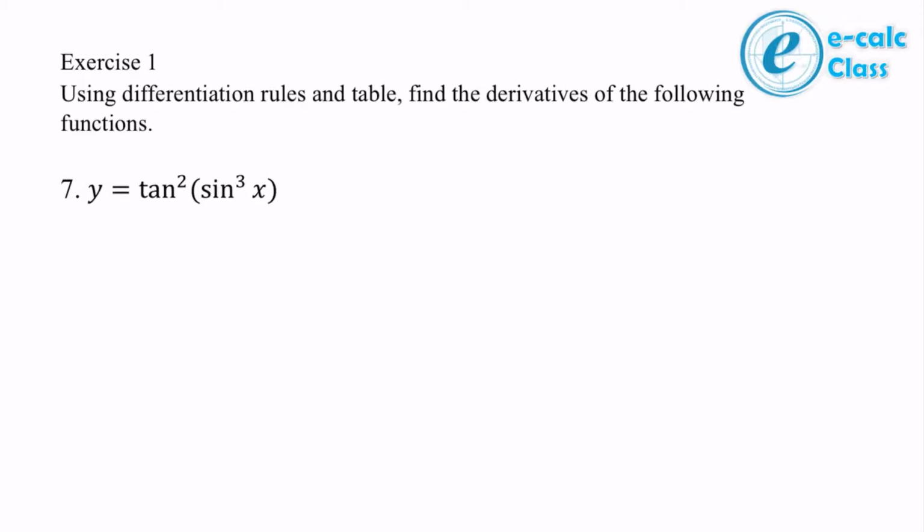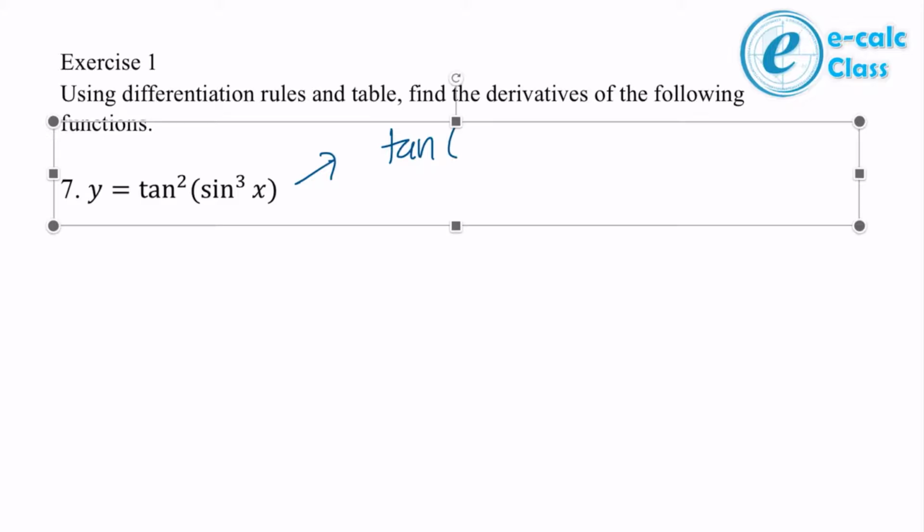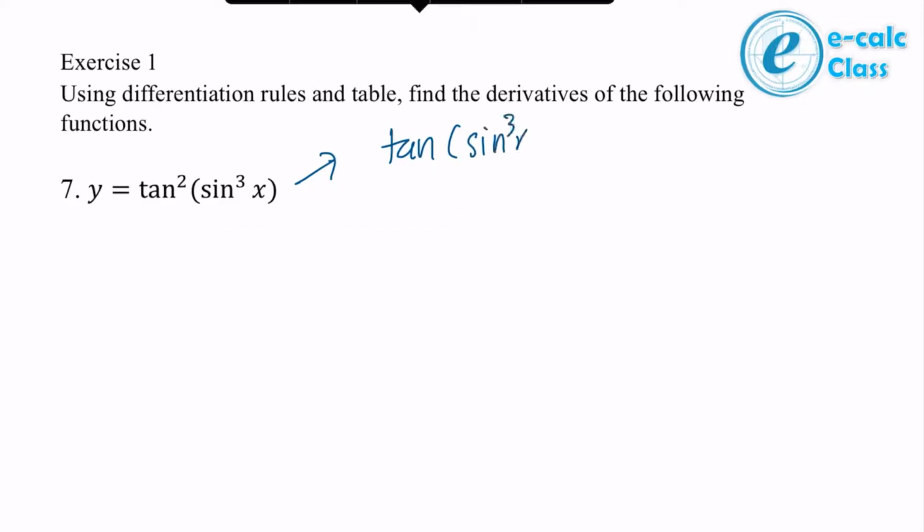Okay, next one. Oh, again it is chain rule. And this time the chain rule is more complicated. Okay? So whenever you see a tangent square or sine cube or whatever, you know that it means tangent of whatever inside, the whole thing squared, right? The whole thing squared means what?